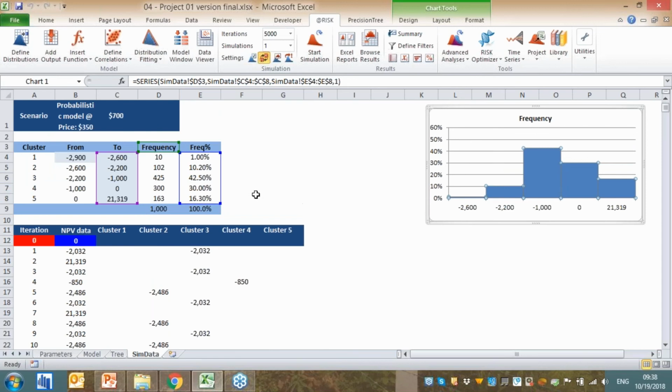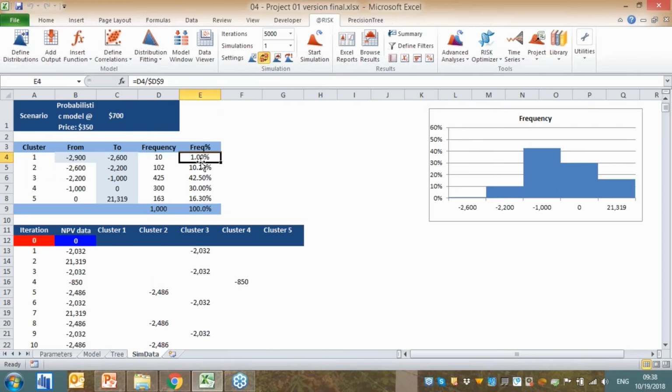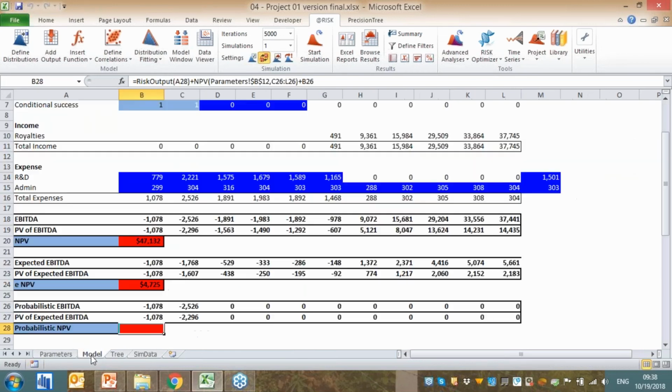In other words, in approximately 1% of the cases, I would have something from here to here. In approximately 10% of the cases, I would have something from here to here, and so on and so forth. By having some frequencies for each one of these ranges, I may be able to synthetically construct the shape of that distribution function that I show for this particular project.